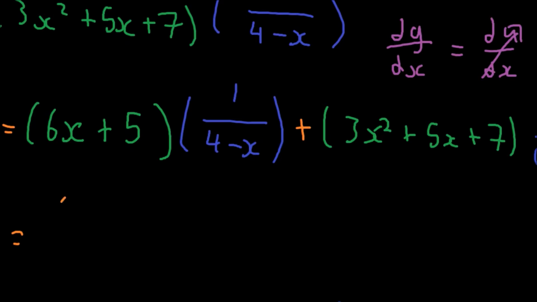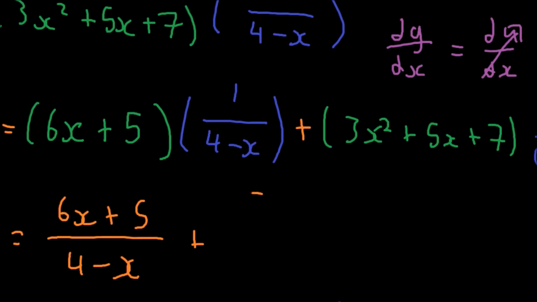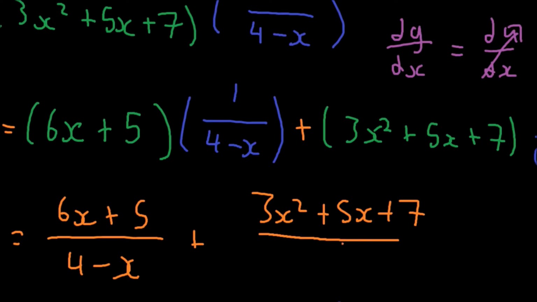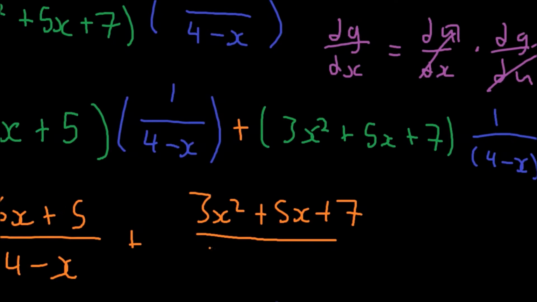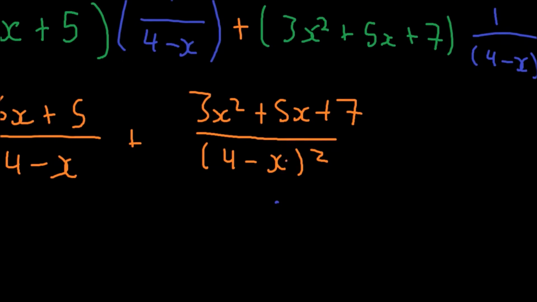Now we have to multiply all of this together. f prime of x equals 6x plus 5 divided by 4 minus x, plus 3x squared plus 5x plus 7 divided by 4 minus x all squared. Then we'd have to simplify out our fraction at this point.